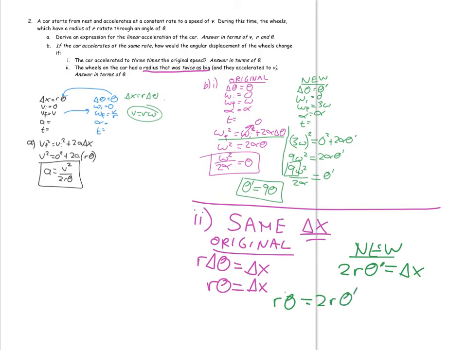Those r values cancel out, and what I'm left with is that my new theta is equal to my original theta over 2, so half as much, which makes sense because the wheels will only have to rotate half as many times if they have twice the radius and therefore twice the circumference in order to travel that distance.